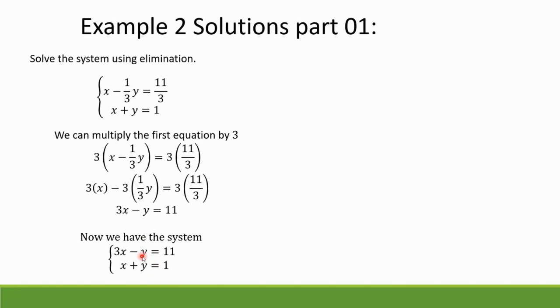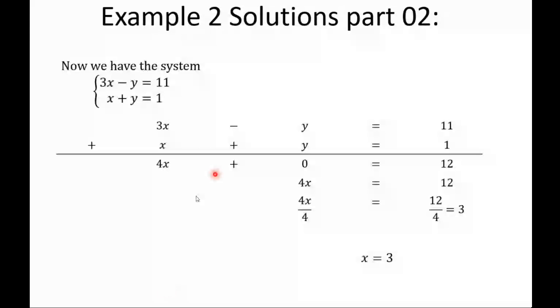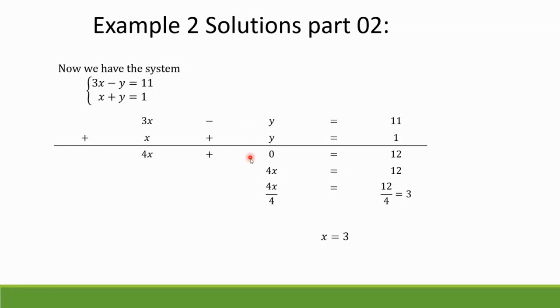We can see here that we have negative y, here we have plus y. If we added those two equations, the y's would cancel, and that's what I'm going to do here. So if we add them, minus y plus y, they're gone.